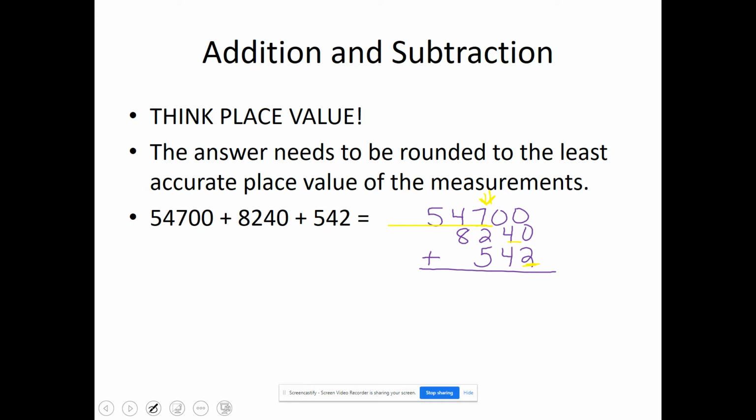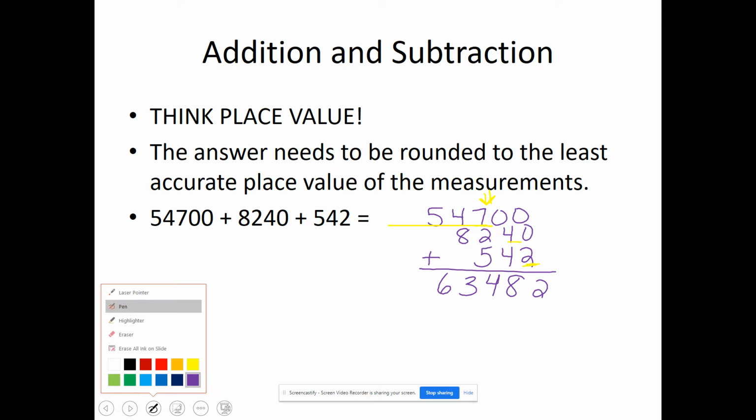So we still added up. 7 is 14. So I think that's what you get when you add it, but my brain doesn't always work, especially on Monday. But if that is correct, then we want to go to the least accurate, which if this 7 were just underlined, I don't know why I underlined the whole thing, but so you go to the least accurate place value, which is the one to the leftmost will be the least accurate.